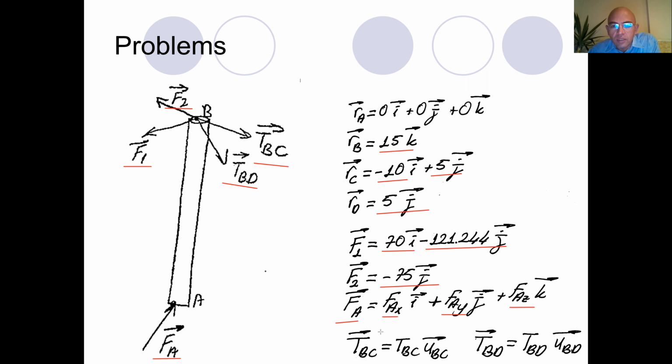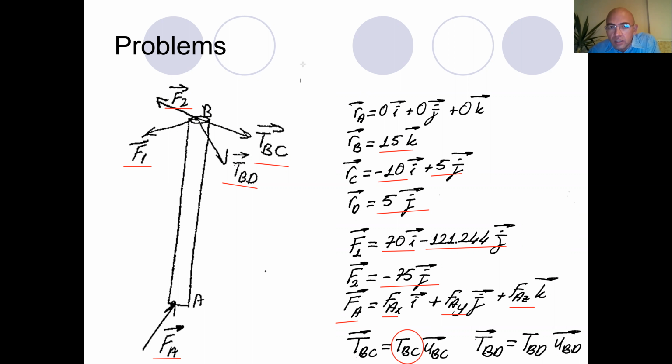Now the next thing is the tension in the cables. Certainly we know the directions of the cables. Therefore, we can easily find the direction, but we don't know the magnitudes of the forces. So the tension coming from the cable is TBC multiplied by UBC.